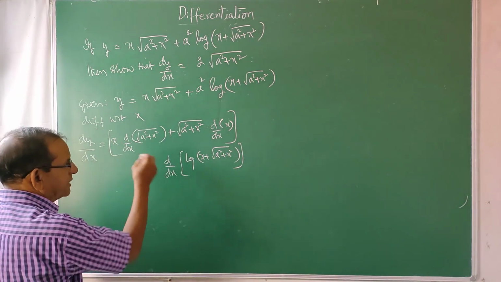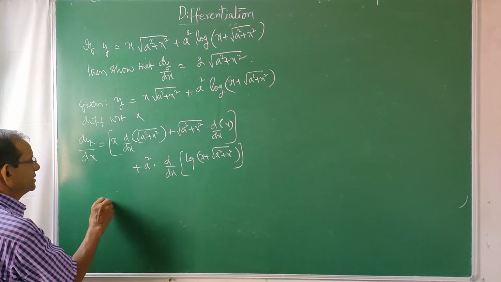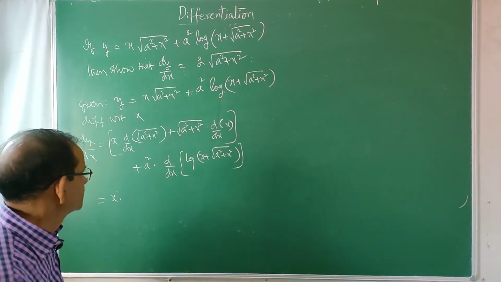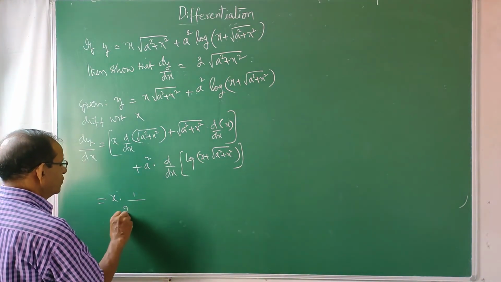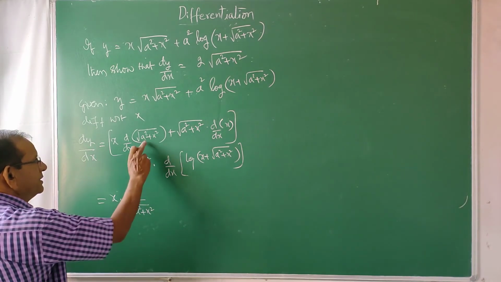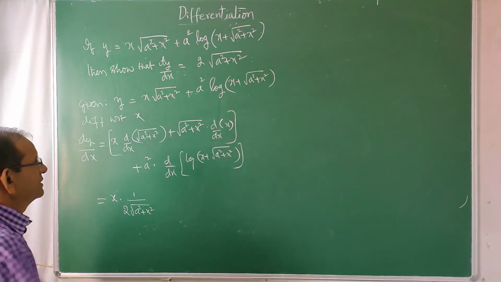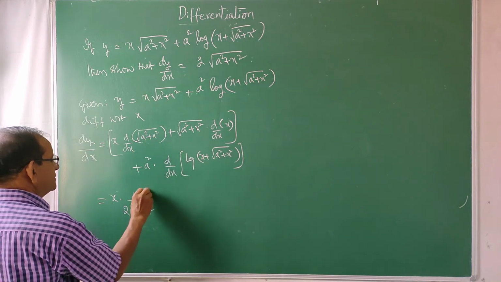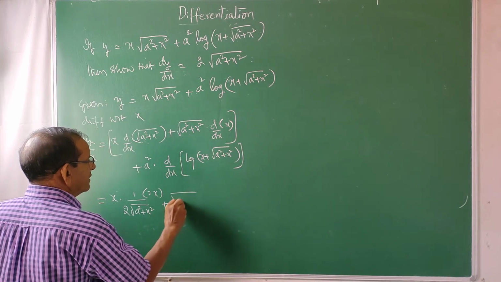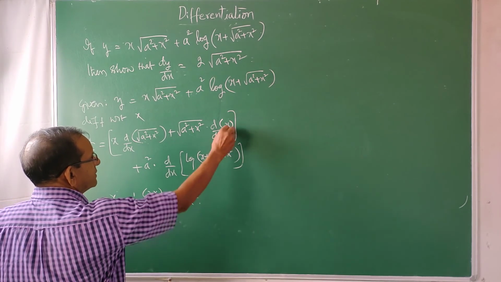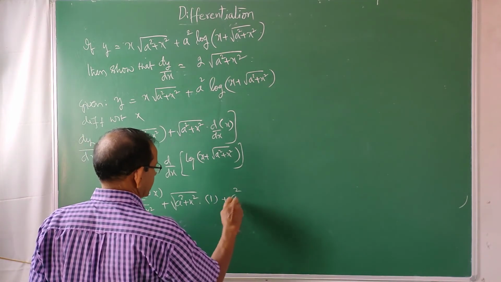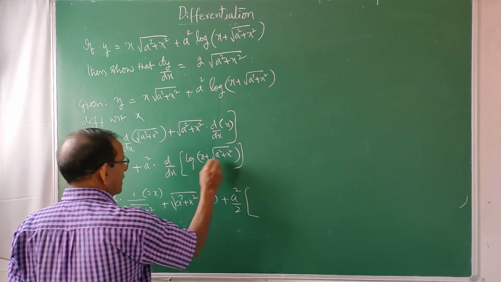Now let us find out the derivatives. That is equal to x into, if root of f(x) is there, you have to write 1 by 2 root f(x). That is 1 by 2 root a square plus x square into derivative of a square plus x square also have to write. That is a square derivative is 0, x square derivative is 2x, plus root of a square plus x square into derivative of x with respect to x is 1, plus a square into log of f(x) is there.